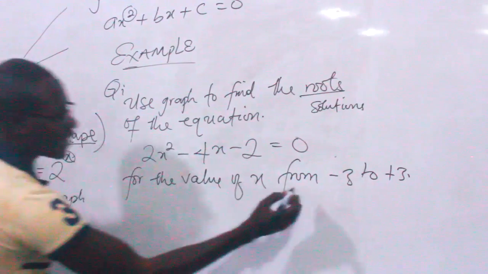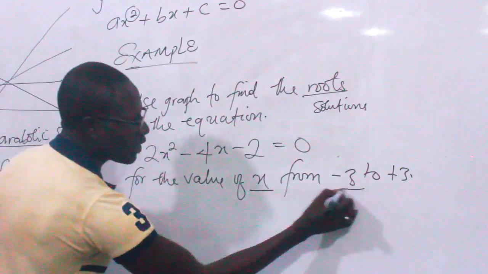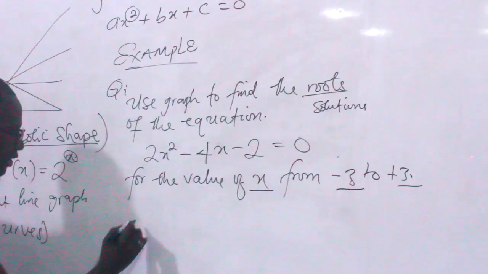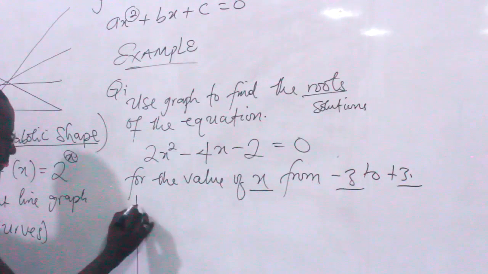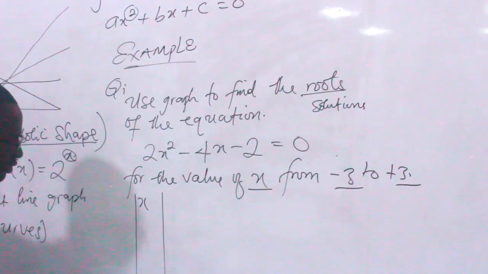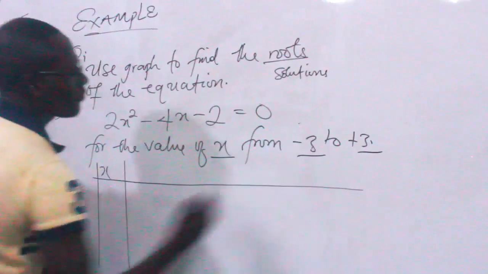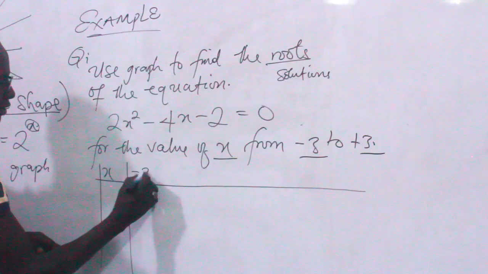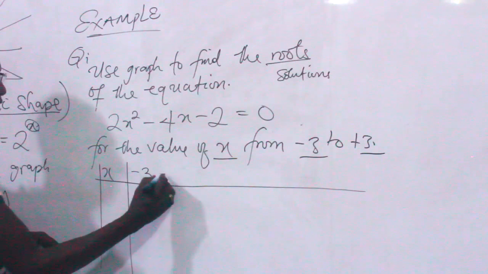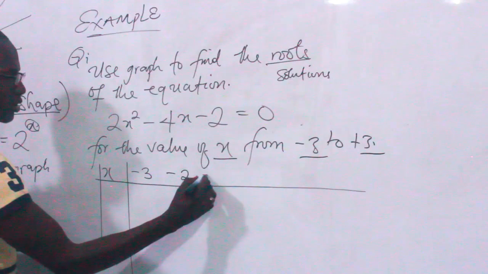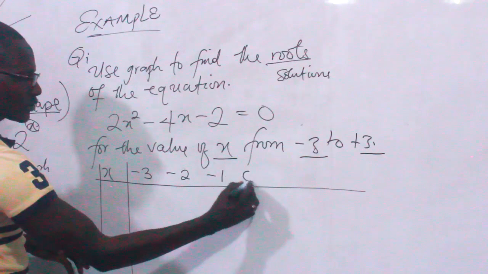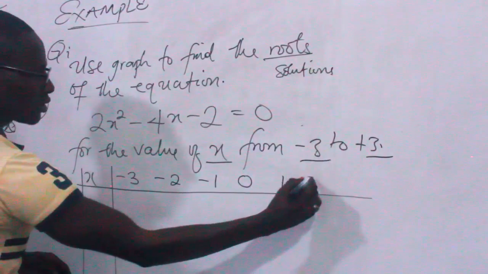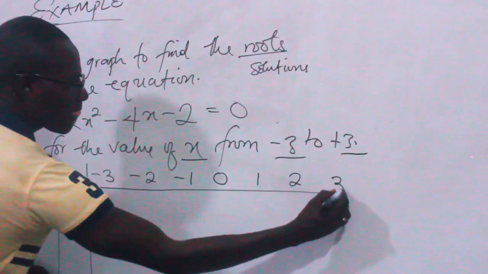First of all, take the values of x from minus 3 to plus 3. So here we go. We have x, and the values of x are minus 3, it keeps increasing, minus 2, minus 1, 0, 1, 2, and 3.